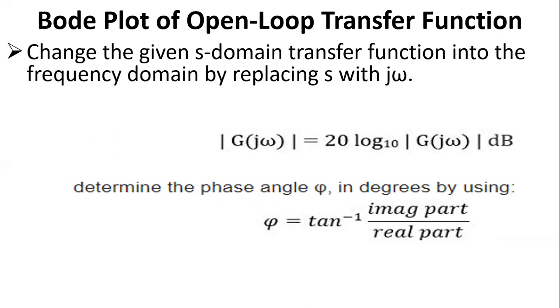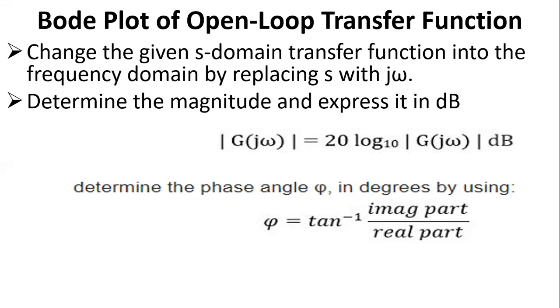So, change the given s-domain transfer function into the frequency domain by replacing s with j omega. The next step is to determine the magnitude and express it in decibels, so the magnitude of G(j omega) is expressed as 20 log base 10 of |G(j omega)|.